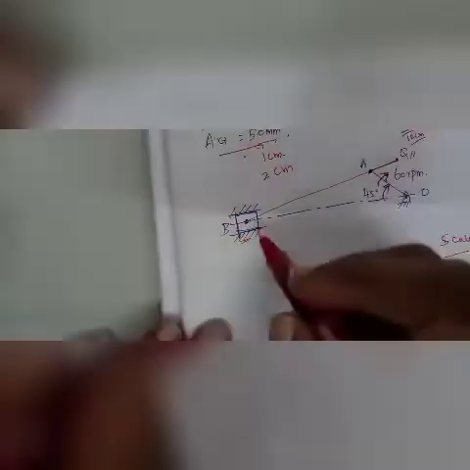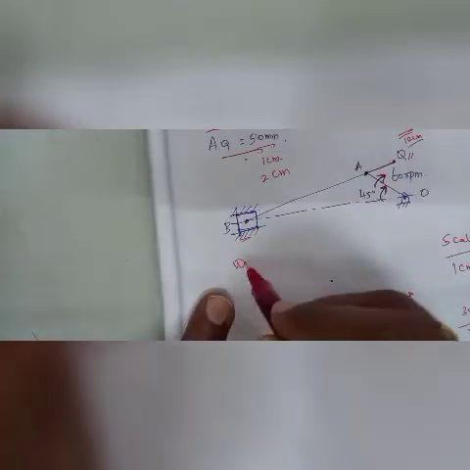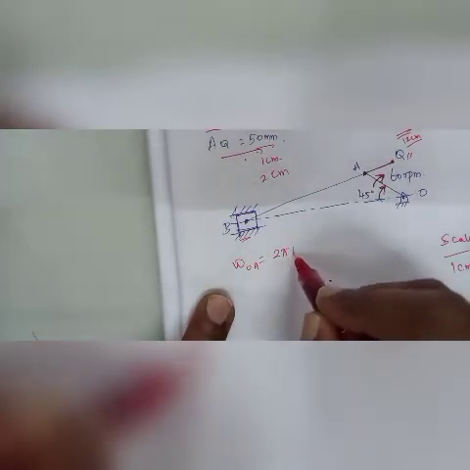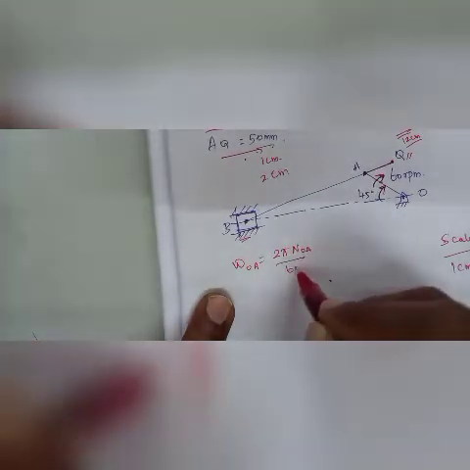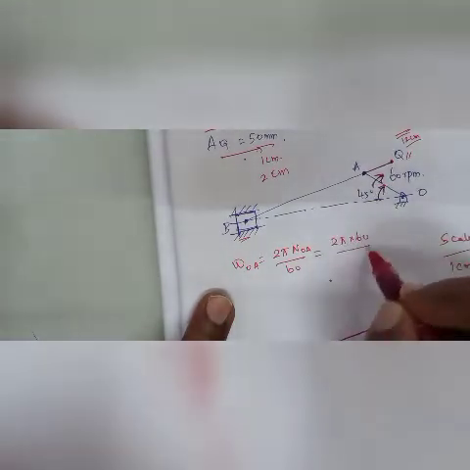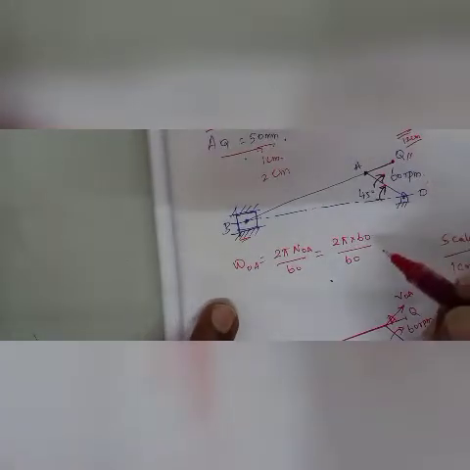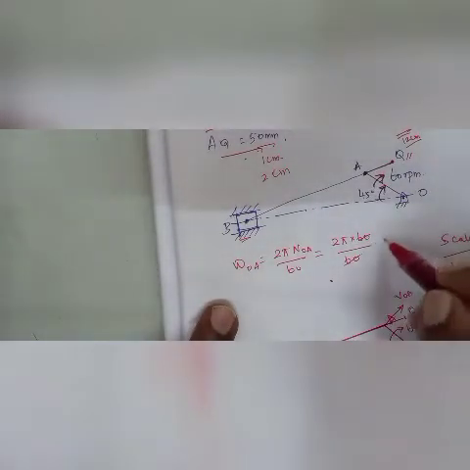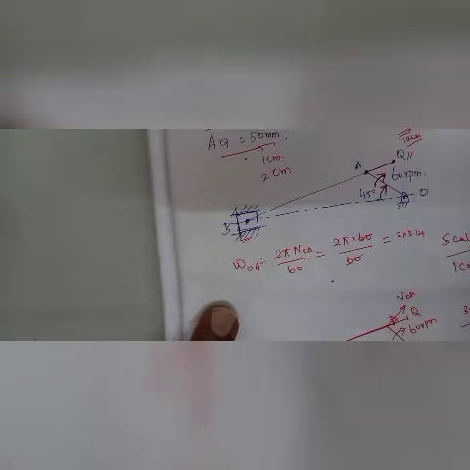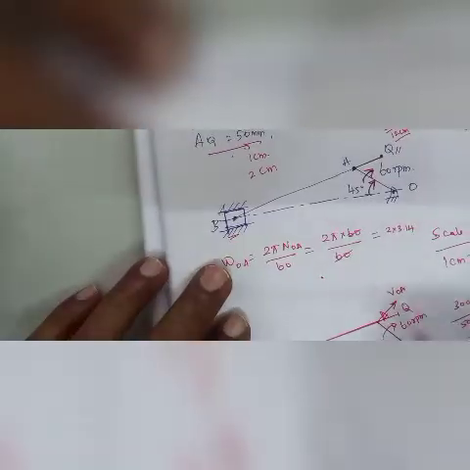So now for the calculation of linear velocity, we have to calculate the omega of input link OA, that is equal to 2 pi N OA divided by 60, that is equal to 2 pi into 60 divided by 60. So 60 both get cancelled. So 2 into 3.14 will be our answer.